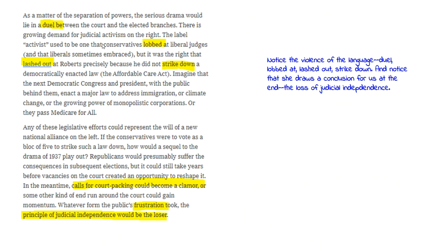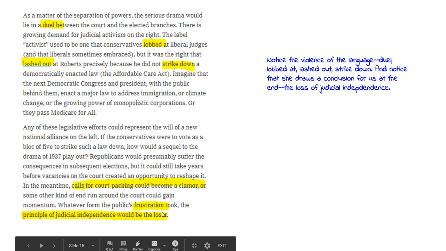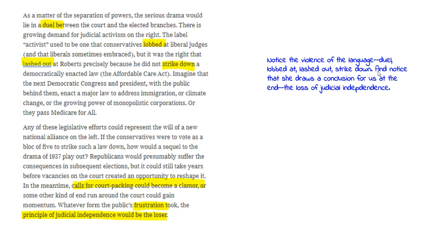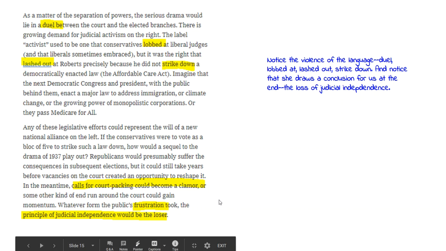Notice the violence of the language. And she does draw a conclusion for us. What's going to happen if the Supreme Court is conservative and the electorate is not? The principle of judicial independence is the loser.